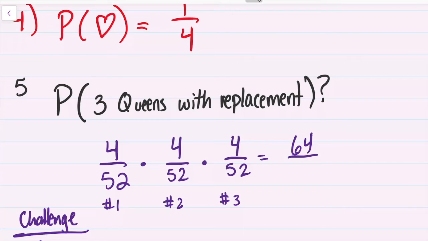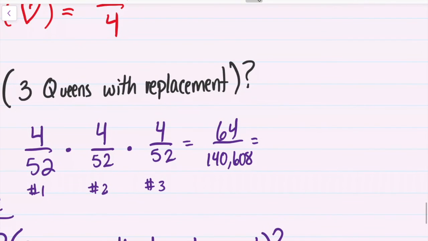Now here's where it gets crazy. 52 times 52 times 52. That's 140,608. And if you try to make this into a percent, guys, let's see what's going to happen. What's 64 divided by 140,608? We get 0.000455.